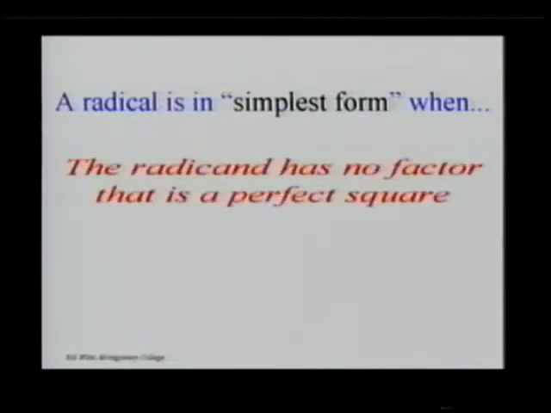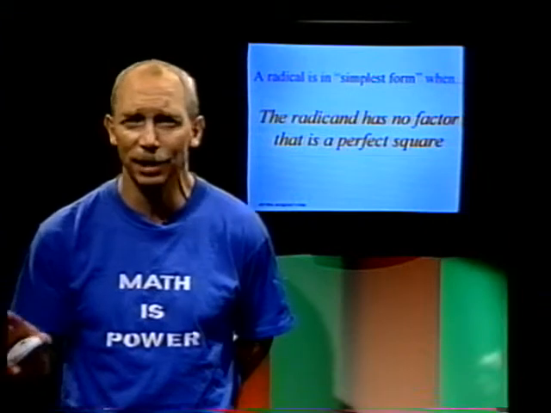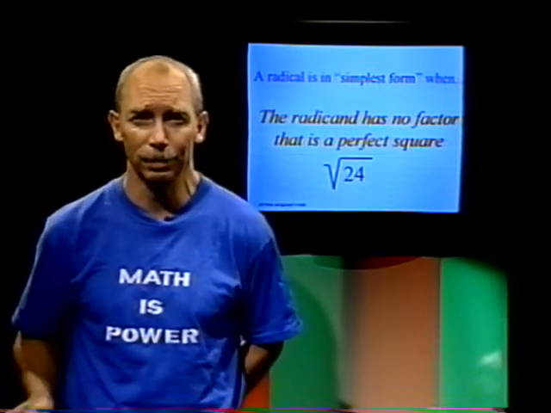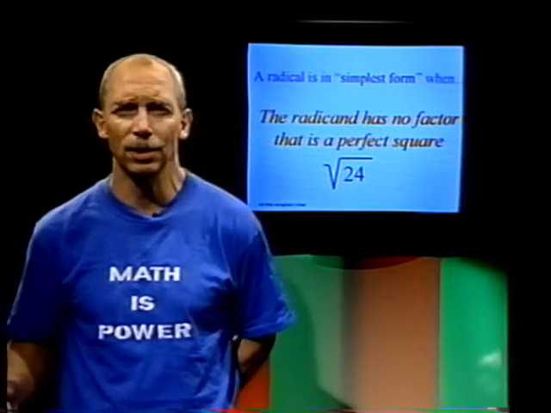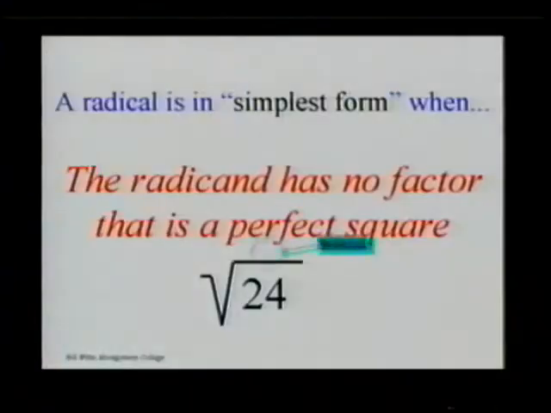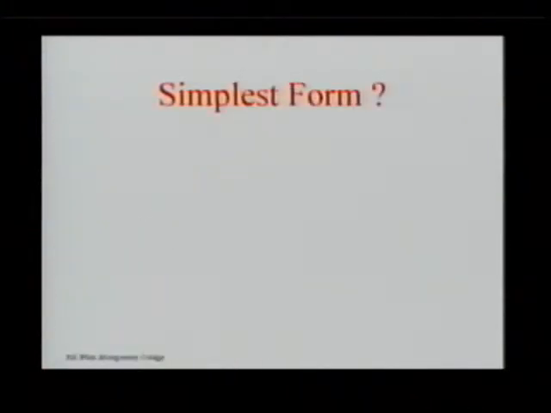A radical or a root is in simplest form when the thing inside, the radicand, that's a fancy word, doesn't have any factors that are perfect squares. Remember what a factor is. So when the radicand, the thing inside, doesn't have anything that goes into it that is a perfect square, you're simplified. Now, the square root of 24, is that simplified? Does it have any factors that are among your perfect squares? Well, 4 is a perfect square that goes into it, so that one's not simplified.